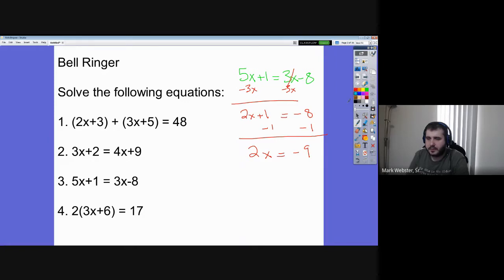And when I divide by 2, there are 2 answers that MathXL is going to look at and be okay with. And it'll give you directions which one it wants. You can either say negative 9 over 2, or if the answer prefers a decimal, you could also say negative 4.5.